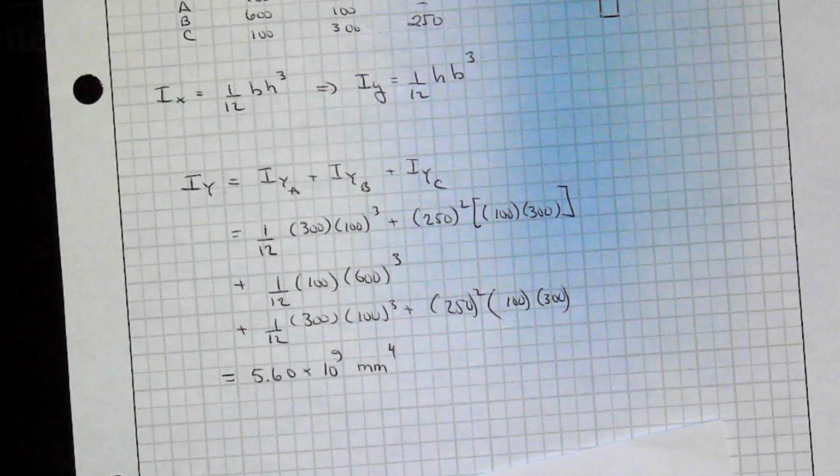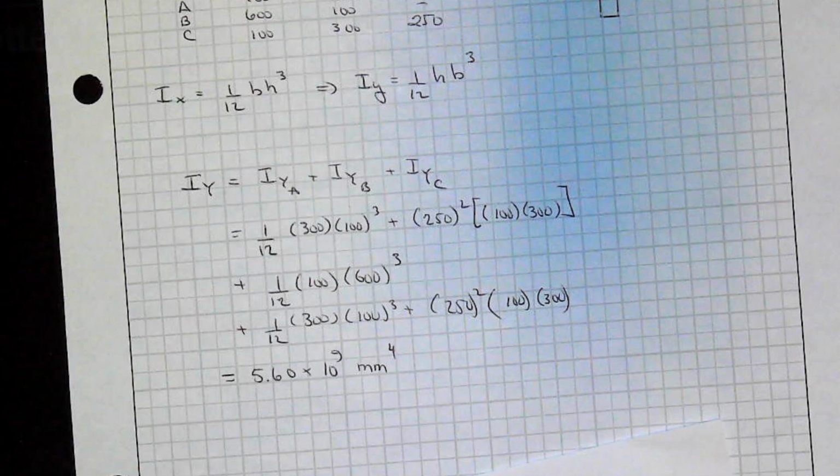Then I'll move it over to the y that I care about, from the centroid of A over to the centroid of the object: 250 millimeters squared times the area of this thing, which is 100 by 300. Done. C is exactly the same thing, same size, same offset, so we won't even have to think about that.